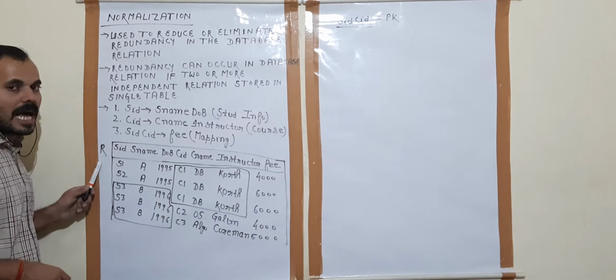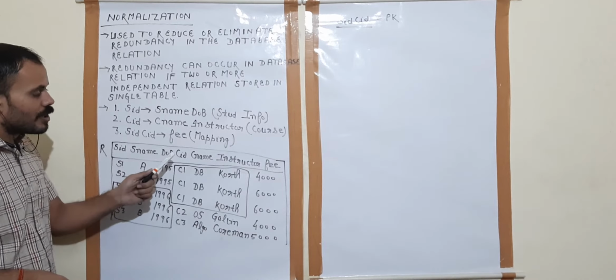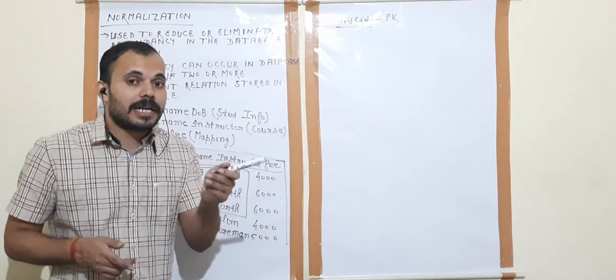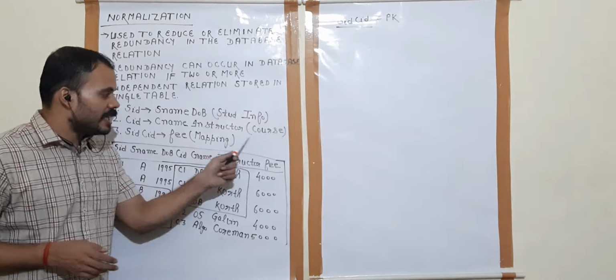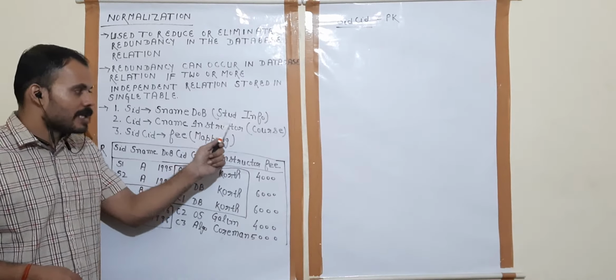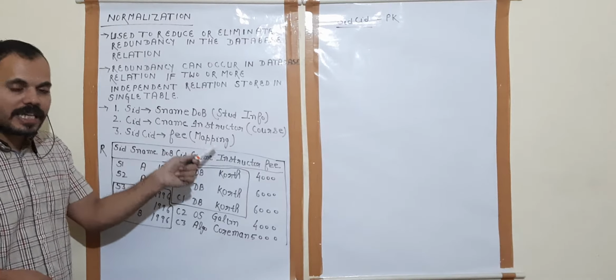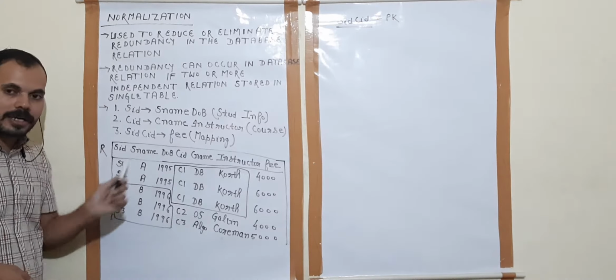Now see here, in the relation R, we are storing more than one independent table. There are three independent tables: student information, course, and mapping, and we are storing these three independent tables in one table.